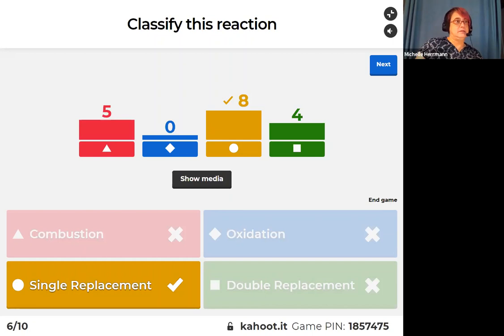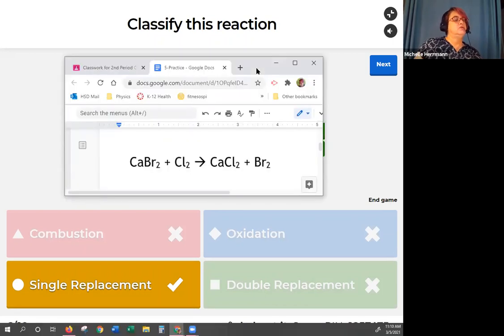Let's take a look at it. So I start out with calcium and bromine together, and chlorine is by itself, so it's single. And then it comes in and it kicks out the bromine. So in this case, I have a non-metal kicking out a non-metal, chlorine kicking out bromine. So bromine ends up by itself. So single replacement, a clue to look for is there's a single element by itself.